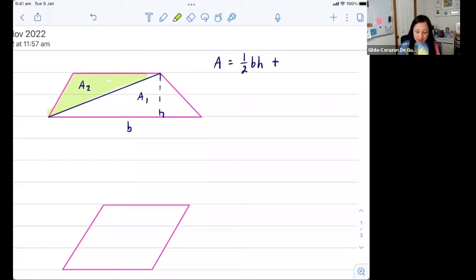But I can't really just say that this is B, because looking at the lengths of those, this length here doesn't look like it's equal or have the same length as that one. And I can't simply assume that, right? So then I would say, let me give this a name instead of B, give it a name as A, right? So I've got the base is A.